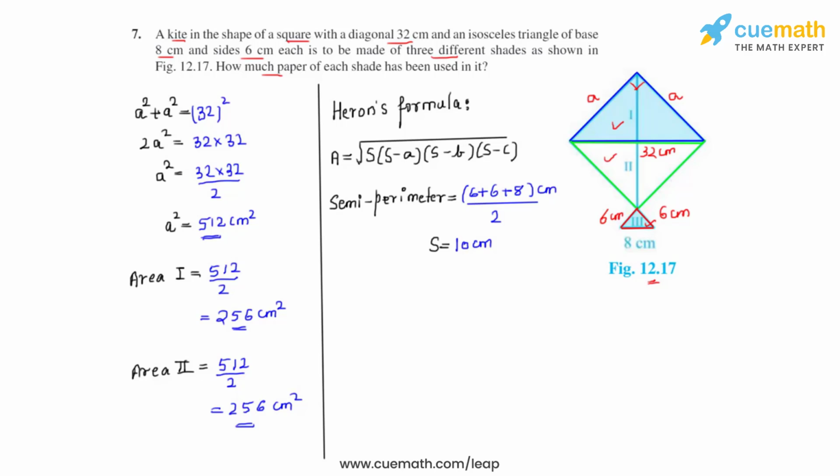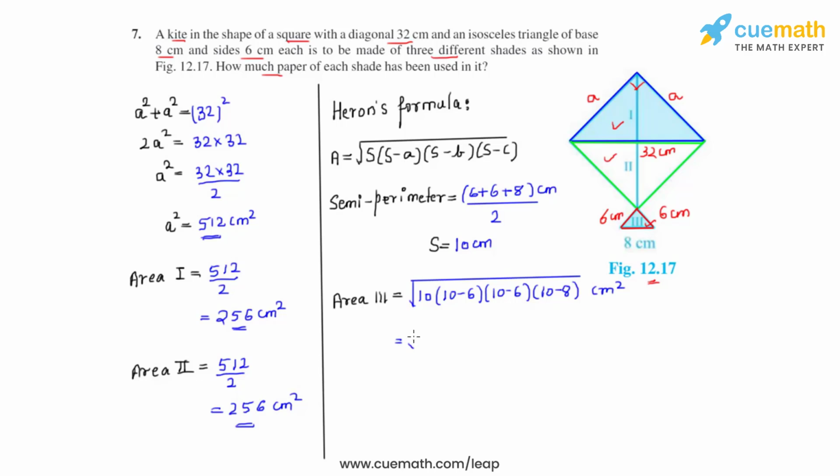Now that we have found out the semiperimeter, let's find the area of the third region, which will be equal to under root 10 times 10 minus 6 times 10 minus 6 times 10 minus 8 centimeter square.